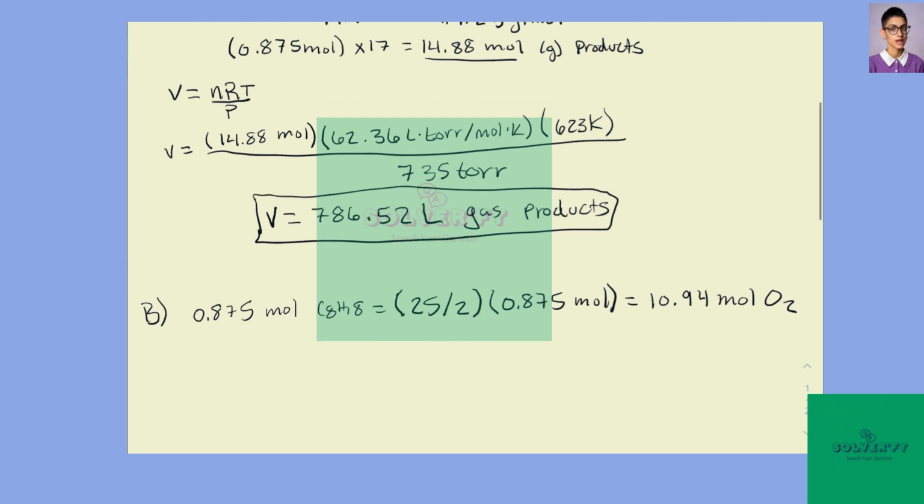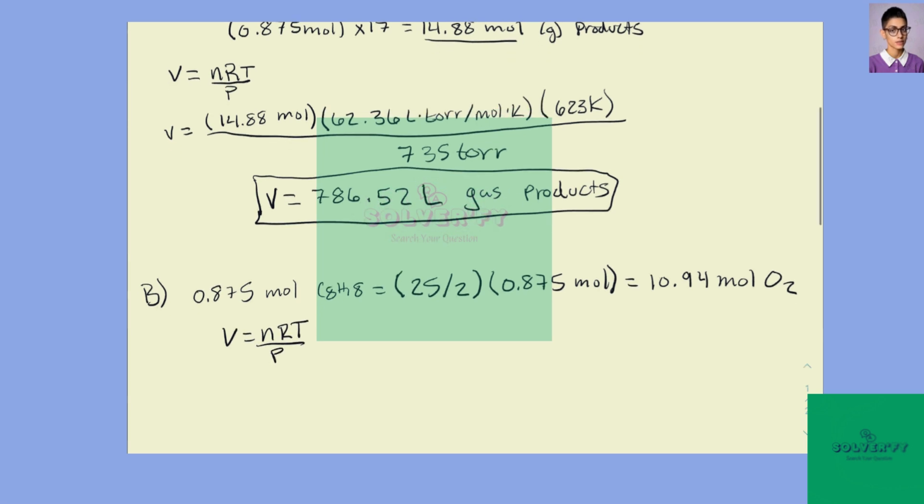And let's find the volume, so that way we know how much air we need. So I'm going to be setting up V is equal to nRT over P. So V is going to equal our new moles of O2, which is 10.94 moles.